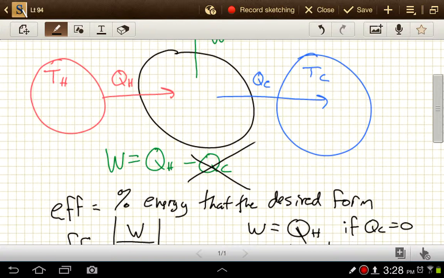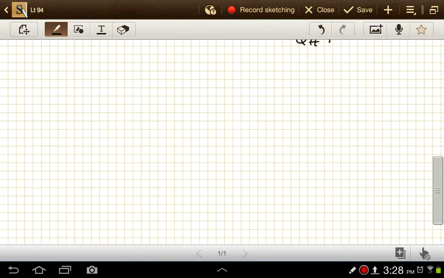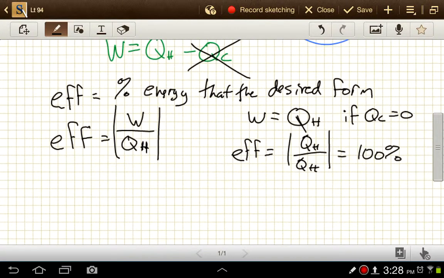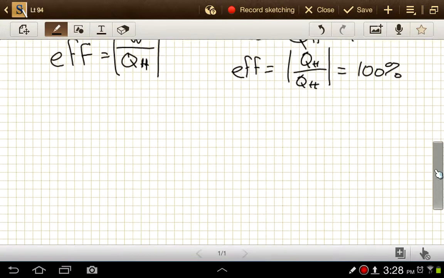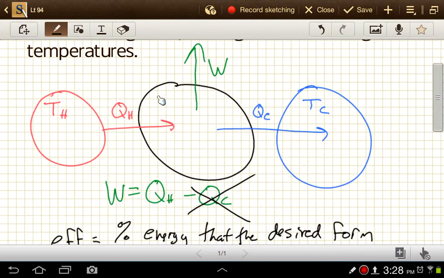So if we had a perfectly efficient engine here, heat engine, as efficient as we can get it, I should say, not perfectly efficient because that means 100%. The most efficient engine we could get, like I said, depends on the temperatures. It depends on the temperature of this thermal reservoir here, the hot parts.